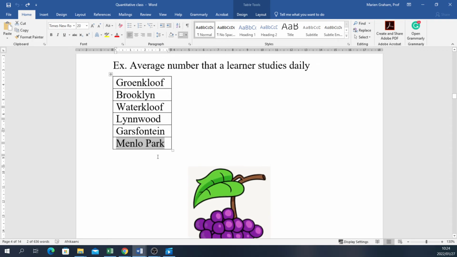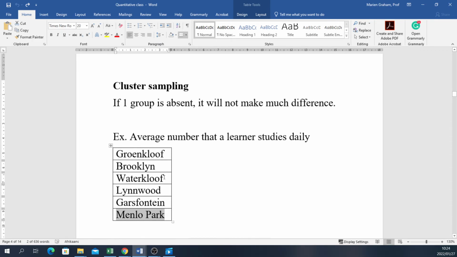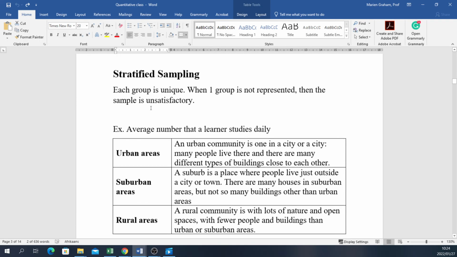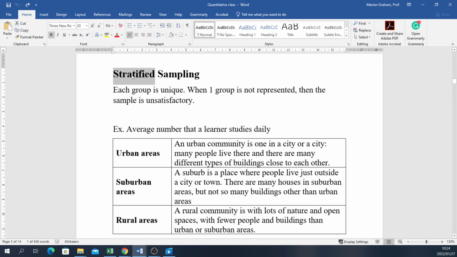So these groups are very similar. But if one group is absent, your study is still viable. I think the most difficult part today is seeing the difference between stratified sampling, where you have strata, which are groups. But remember, those groups are so unique.